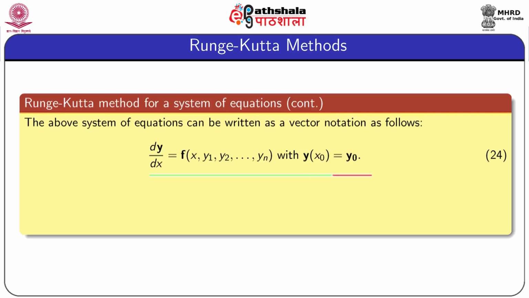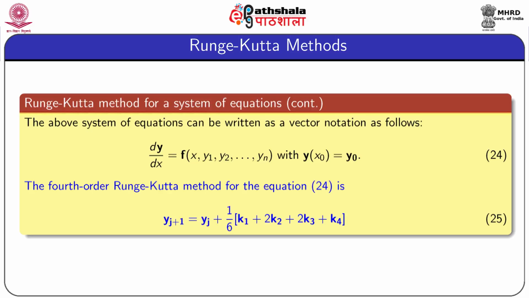Note that both y and y0 are vectors. Then the fourth order Runge-Kutta method for this problem is yj+1 equal to yj plus 1/6 into k1 plus 2k2 plus 2k3 plus k4, where all the quantities, that means k1, k2, k3, k4, yj and yj+1, are vectors.